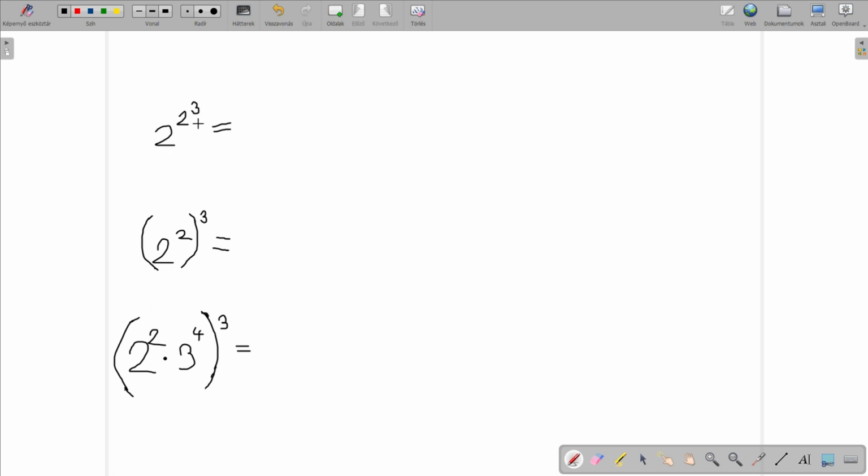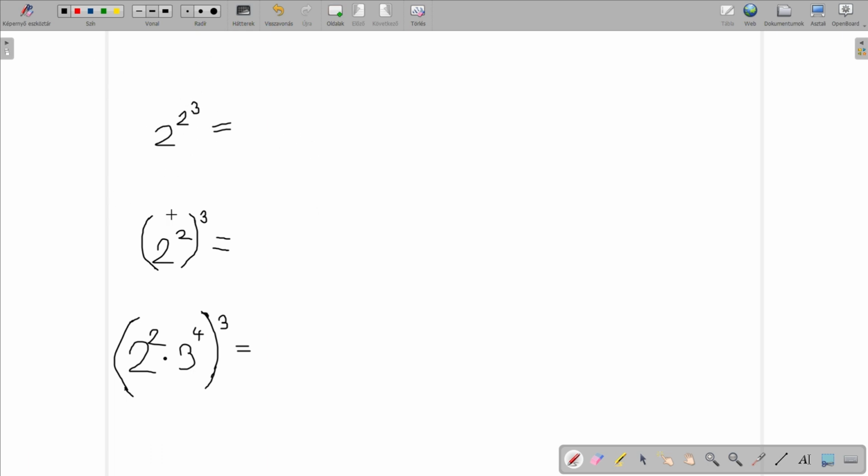This is 2 to the third to the 2, 2 squared cubed, and this is also 2 squared cubed. However, we have a parenthesis here, and that changes a lot, because what is the difference between these?